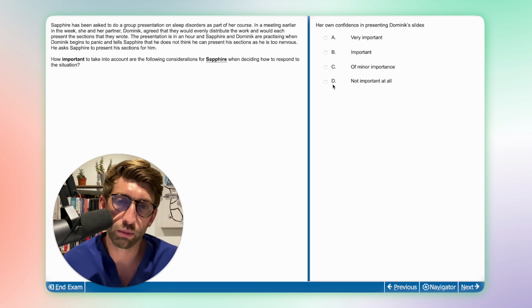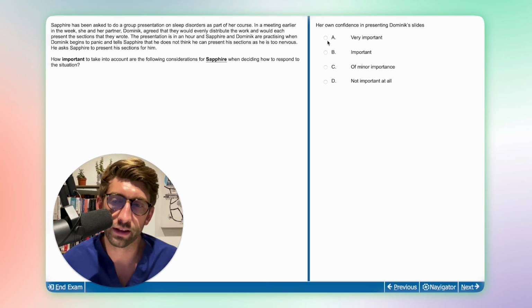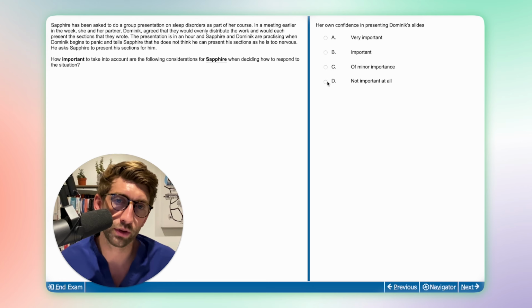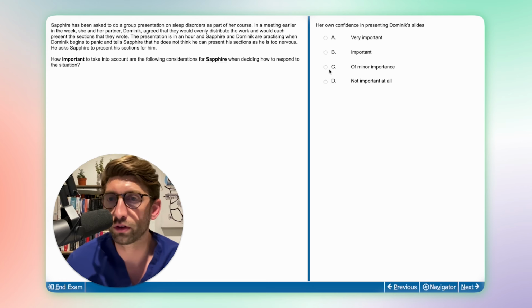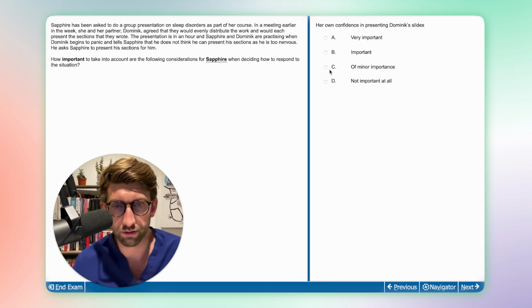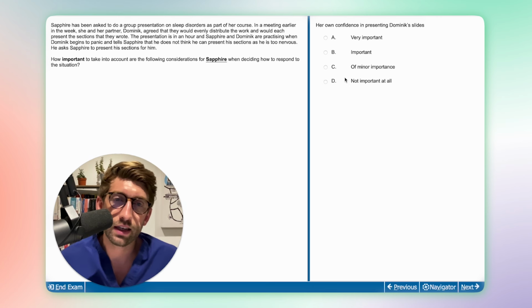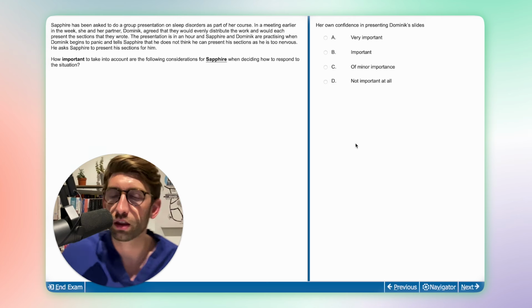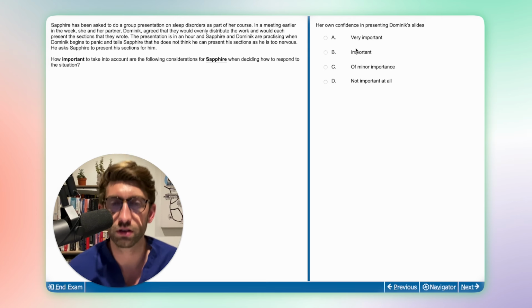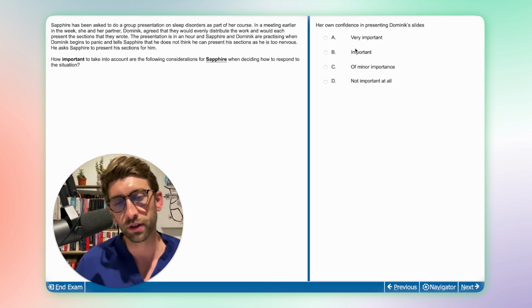And remember that you get points for how far off the right answer you are. So obviously the maximum points are getting it bang on, but equally, if you're close but no cigar, you still get something. So let's have a go at this one. I'm going to assume that it's not the most important thing because we should be thinking about Dominic's well-being.